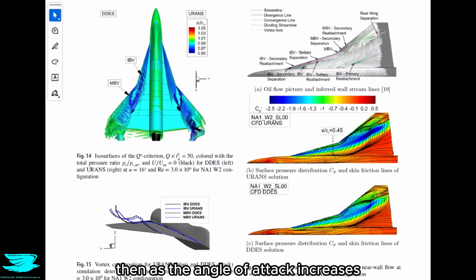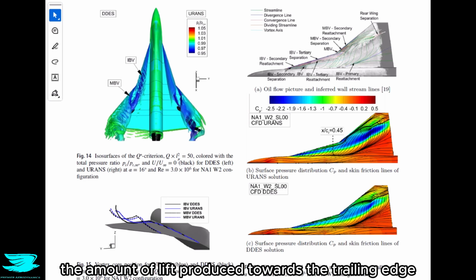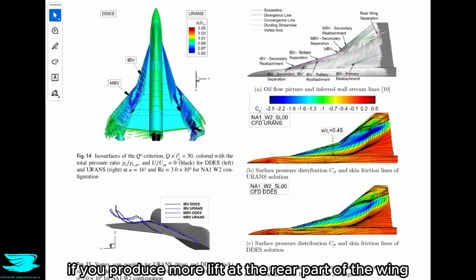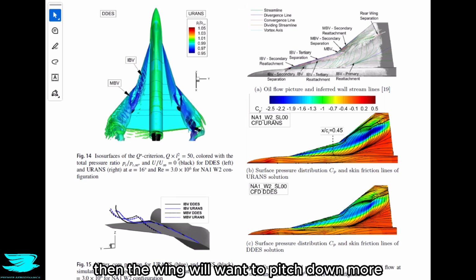Then as angle of attack increases, the point at which the vortices burst will move forward. That means that as angle of attack increases, the amount of lift produced towards the trailing edge will start to reduce. That affects the pitching moment because the pitching moment tells us how much the wing wants to tilt forwards or backwards. If you produce more lift at the rear part of the wing, then the wing will want to pitch down more, which means negative pitching moment.